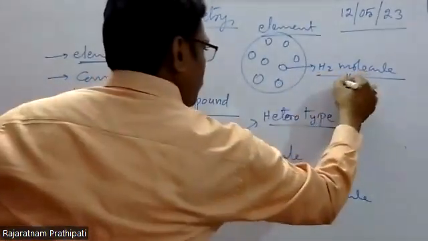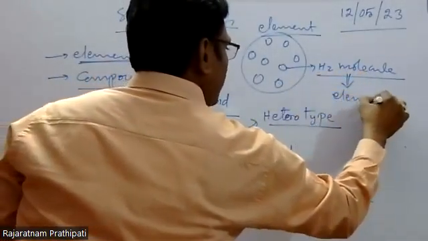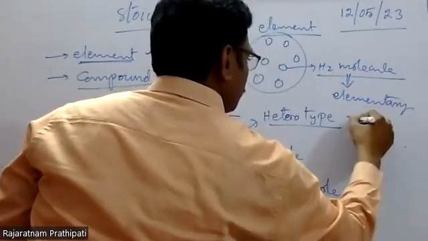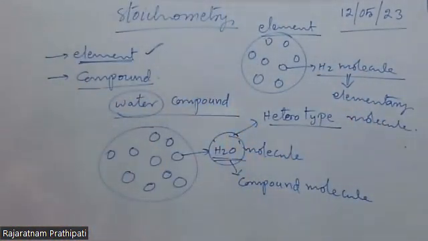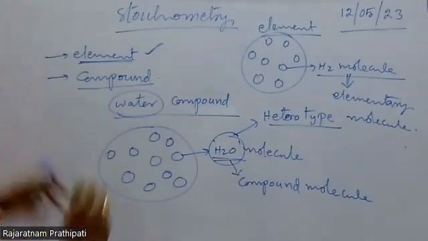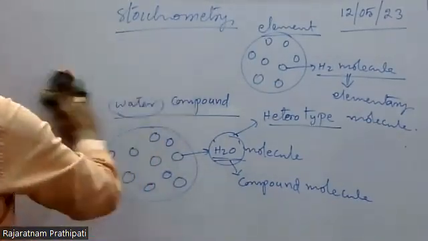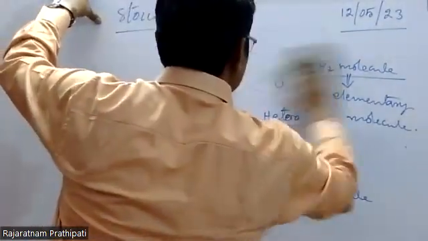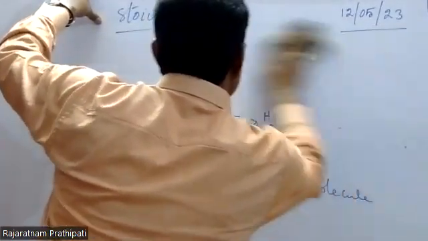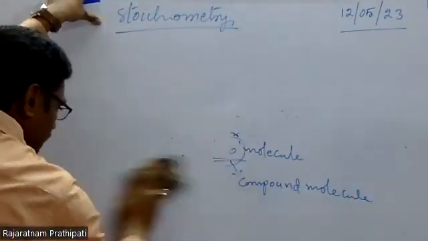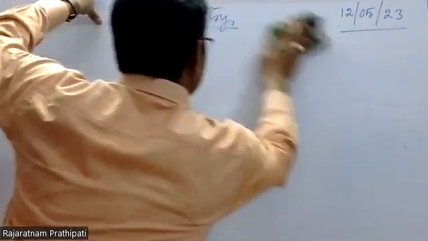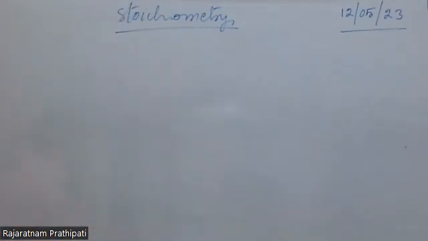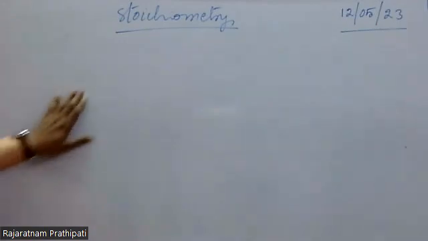That's why this type of molecule is called an elementary molecule. Is it clear now? This is the basic difference between element and compound; molecules are further divided into elementary molecules and compound molecules. Is it clear?